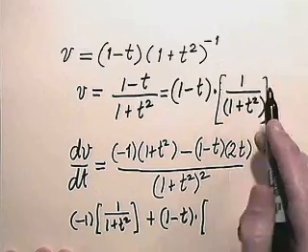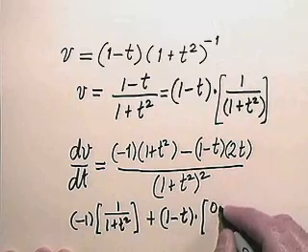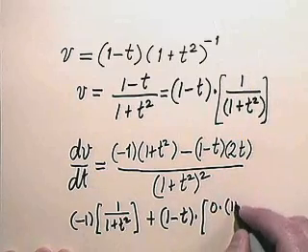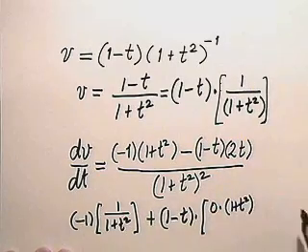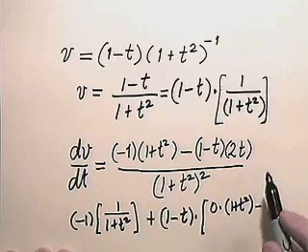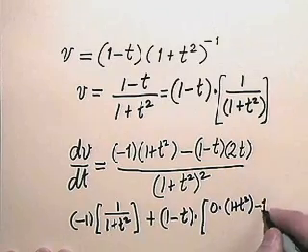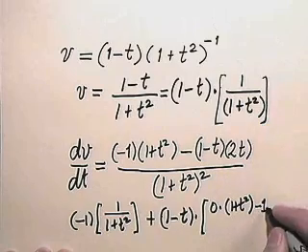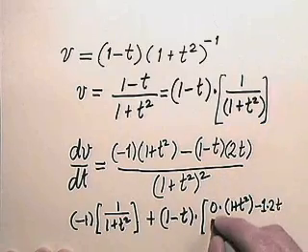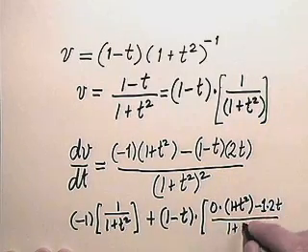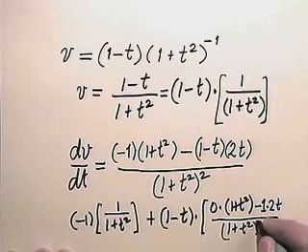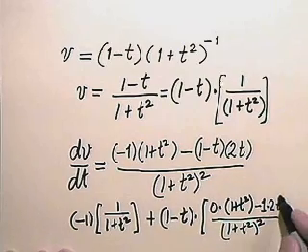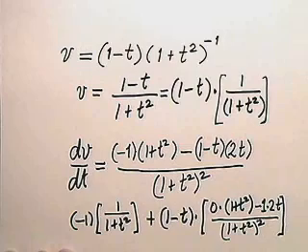The derivative of the numerator is then 0 times the denominator, 1 plus t squared, and then minus the numerator times the derivative of the denominator, which is 2t, all divided by 1 plus t squared quantity squared. Close off the bracket, and there's our answer.